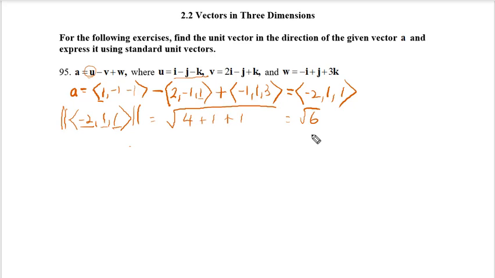Now that doesn't simplify, so we'll just leave it like that. So the vector A is going to be the negative 2 over root 6, 1 over root 6, and 1 over root 6.